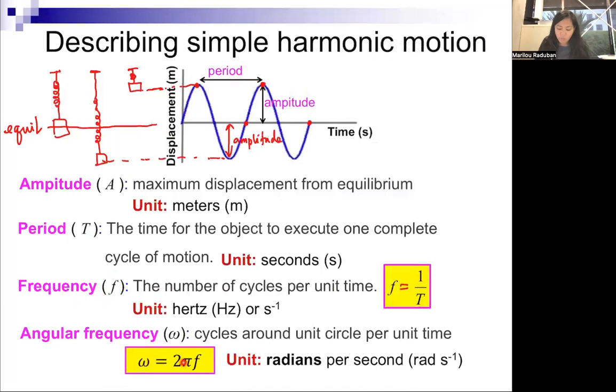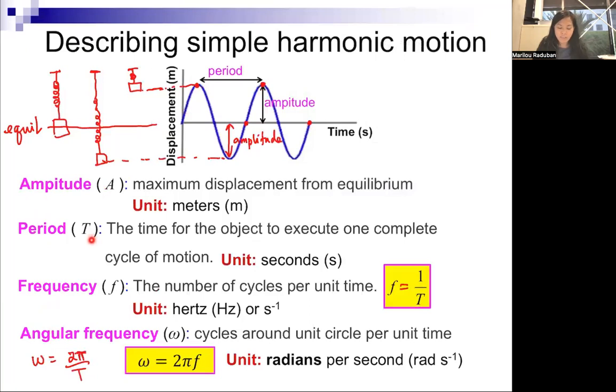That's equal to 2 pi times the normal frequency, or omega is equal to 2 pi divided by the period. By knowing these 4 parameters, we are able to completely describe the simple harmonic motion of the oscillating object.